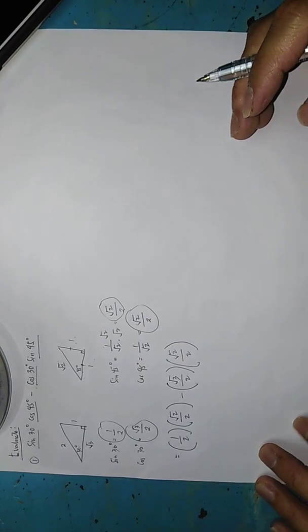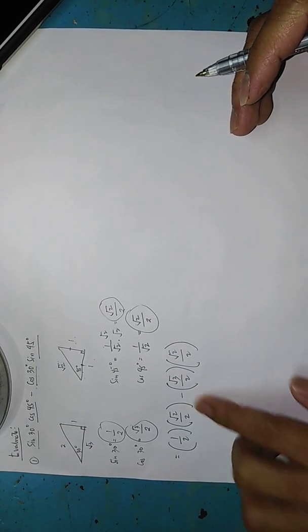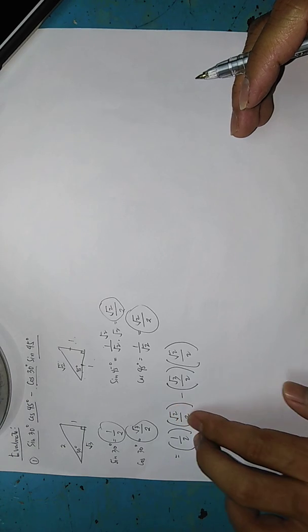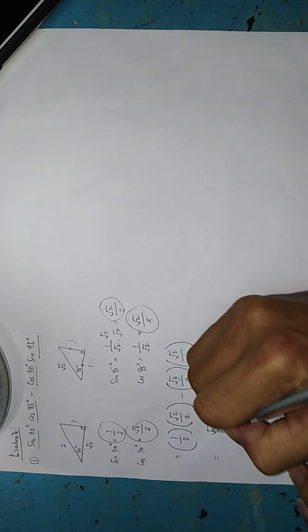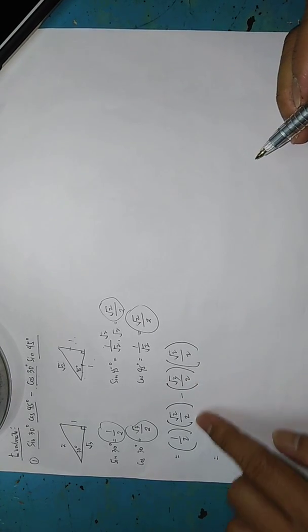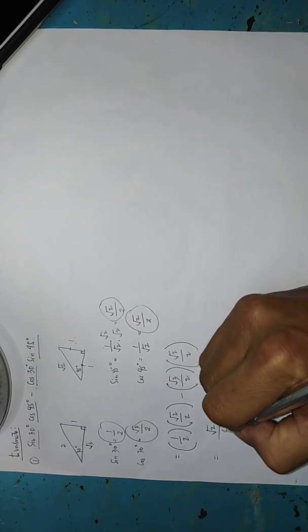Using PEMDAS, multiply first before subtracting. You cannot cancel the 2. So 1 times square root of 2 is square root of 2 over 2 times 2 is 4.